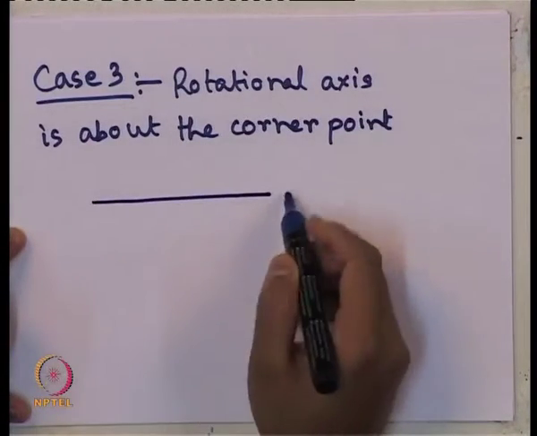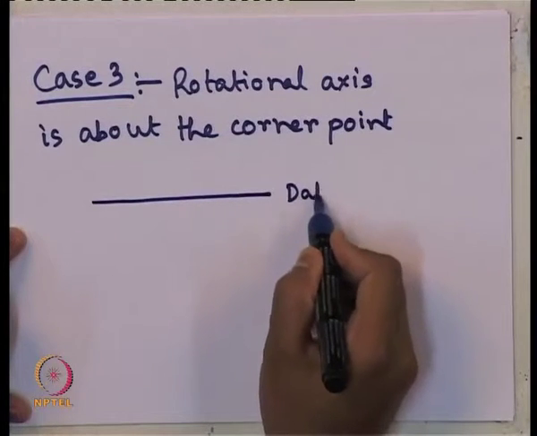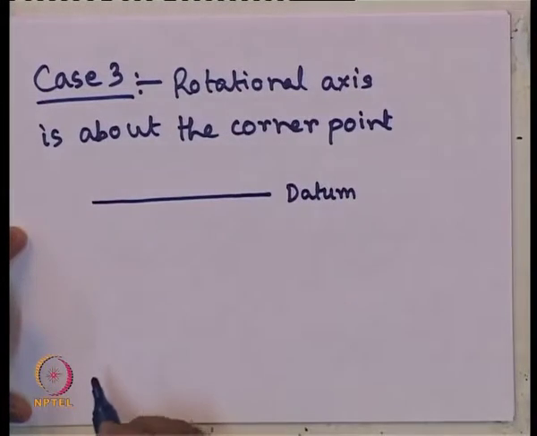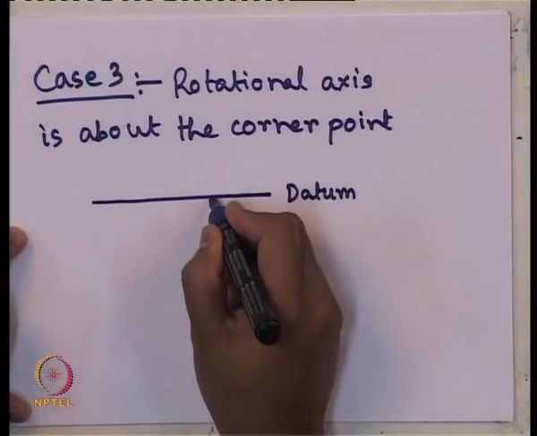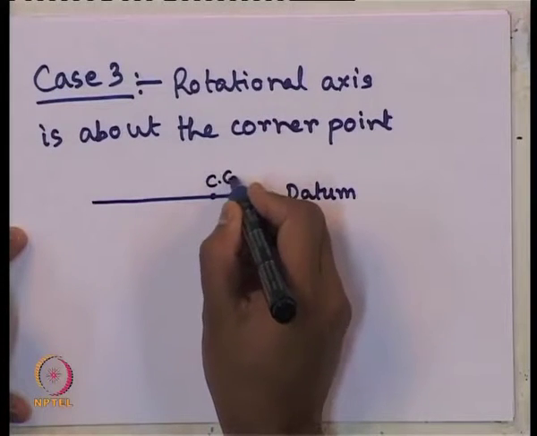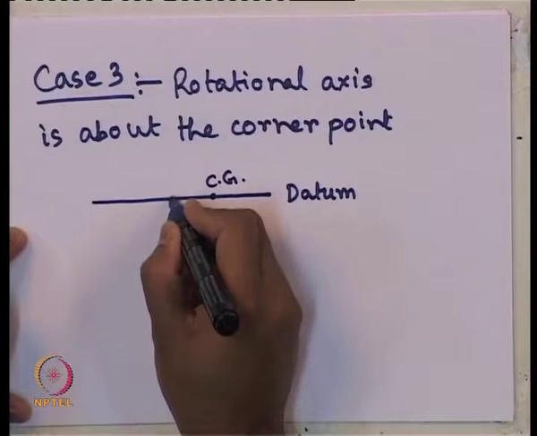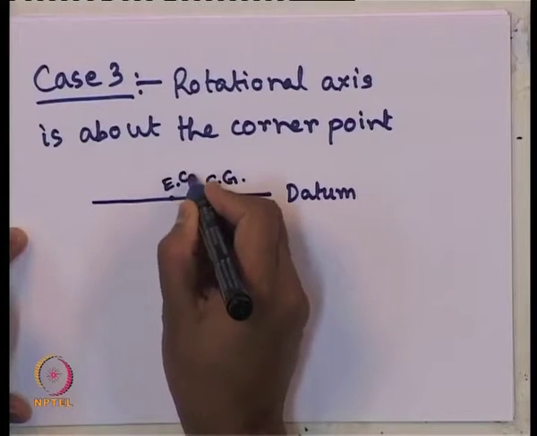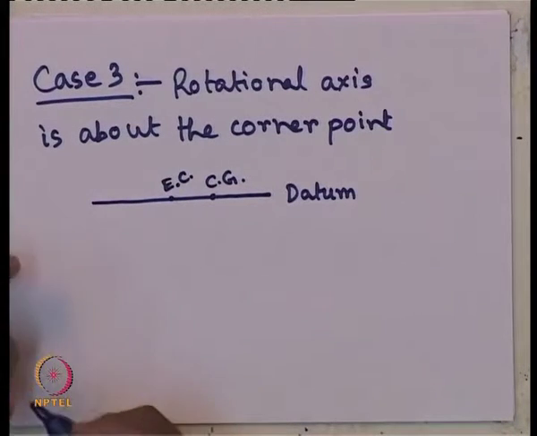Suppose this was our initial position of the beam, the datum, with the CG of the beam somewhere here and the EC of the beam somewhere here.